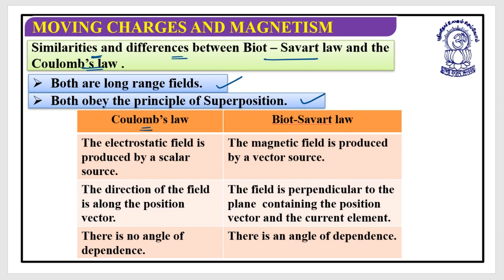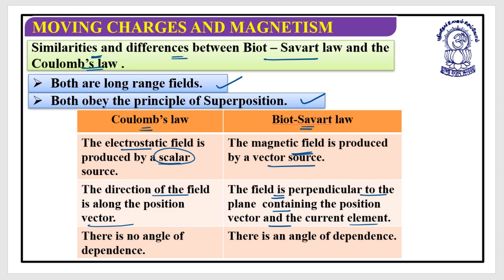Coulomb's law and the Biot-Savart law differ as follows. The electrostatic field is produced by a scalar source, while the magnetic field is always produced by a vector source. In Coulomb's case the direction of the field is along the position vector, and in this case the field is perpendicular to the plane containing the position vector and the current element.